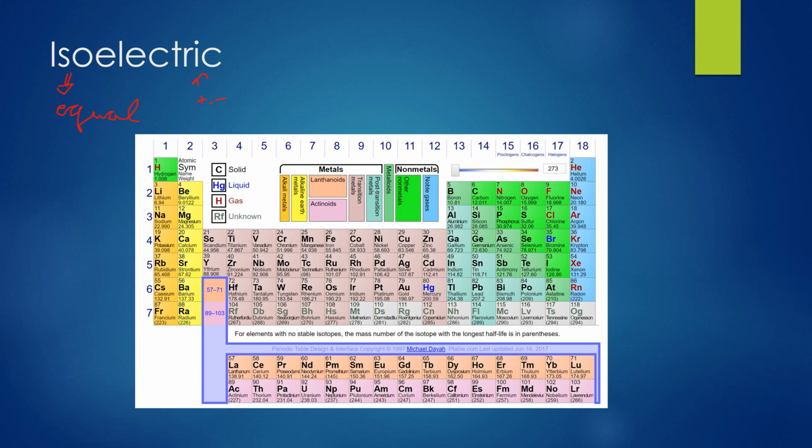So if we look at chlorine minus, we move 1 over and it's isoelectric to argon neutral. Now if we were to do selenium 2 minus, that would be isoelectric to krypton. And if we were to do calcium 2 plus, what would that be isoelectric to? Well, calcium 2 plus would be isoelectric to argon. So you could even say that calcium 2 plus is isoelectric to chlorine minus.